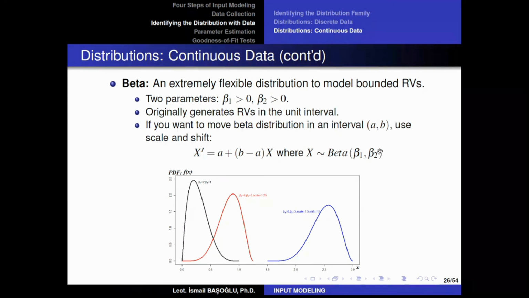By the way, my friends, beta random variable is related with the order statistics of uniform random variables. I'm not going to explain this detail to you. Maybe in the textbook it is explained. However, you can also read Wikipedia about the beta distribution to learn more about it.